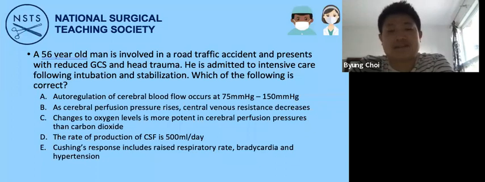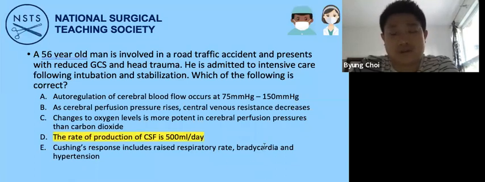Obviously those aren't absolute numbers in everyone, and because of that it makes this question a little bit tricky, as you may not be entirely sure whether the statement in D will be taken as correct in the exam format. But in textbooks, over a day, 500 mils, per hour, 20.